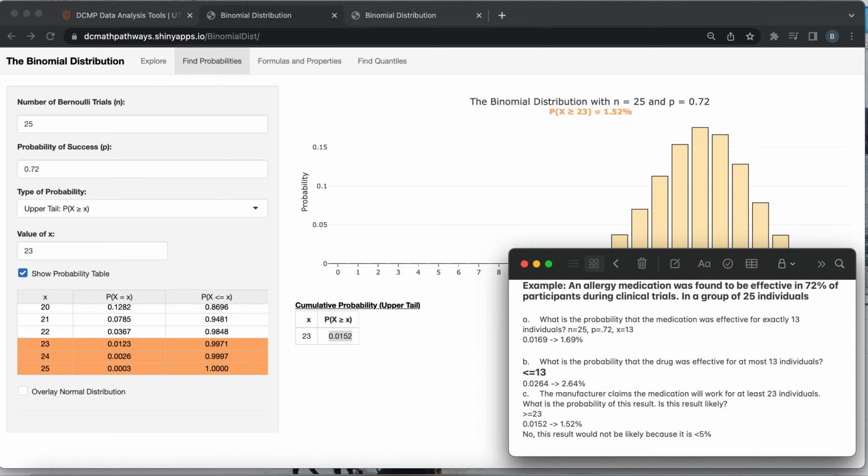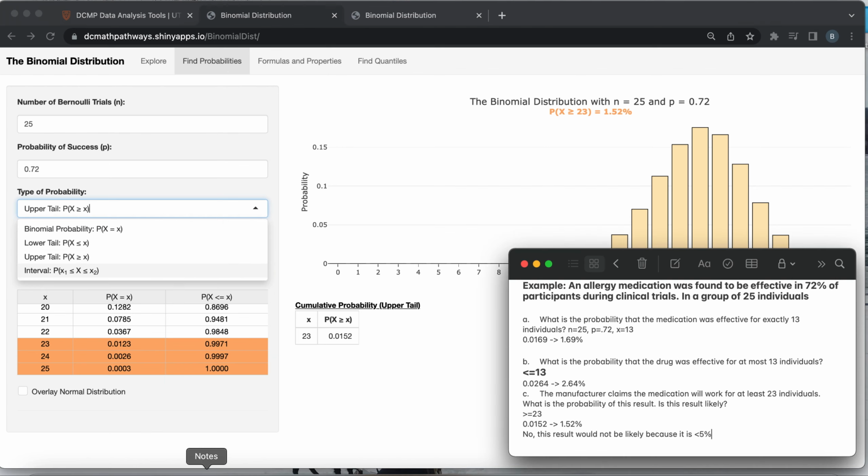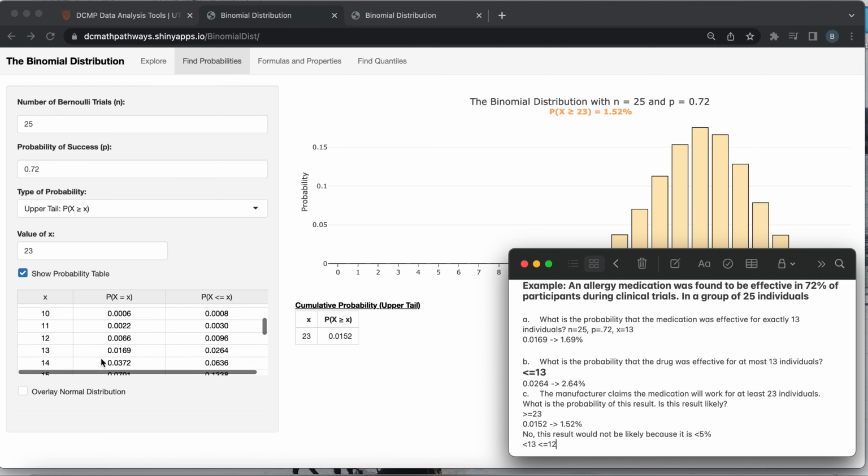The only other thing you need to know is sometimes it'll say less than or greater than. You can see these ones don't have less than or greater than. They only have the greater than or equal to. But what that means is less than 13 is the same as less than or equal to 12, because these are all whole numbers. So if we look on this chart, less than 13 would be all of these ones, which would be the same as less than or equal to 12.